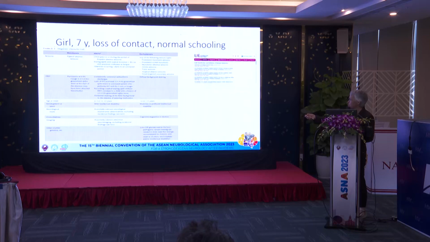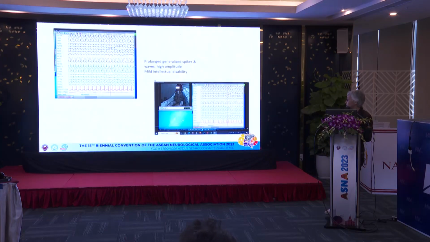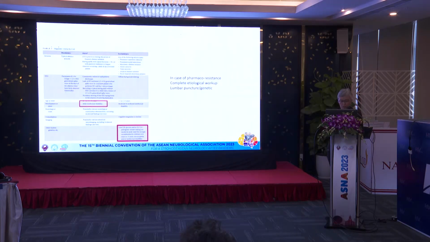She has a good EEG with three Hertz paroxysms, and she has no alerts, so you can make the diagnosis of childhood absence epilepsy. That is here. And if you do that, you know you don't need an MRI, and you have to avoid carbamazepine and try wide spectrum anticonvulsive drugs. But for this girl, when you go back to the detailed characteristics, she has some alerts.